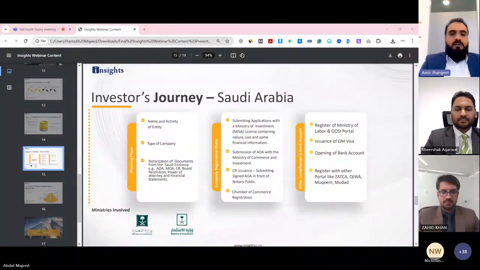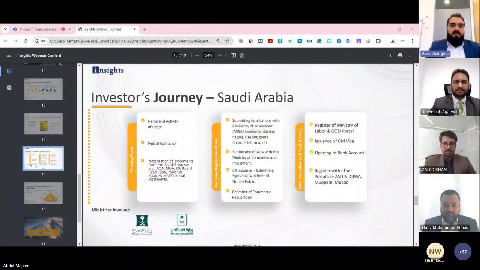These documents we need to attest from the Saudi embassy, and then we will submit an application to the Ministry of Investment, and that's called the MISA. Actually, we are applying for the MISA license. Okay. This is the first phase, and it's called the planning phase.